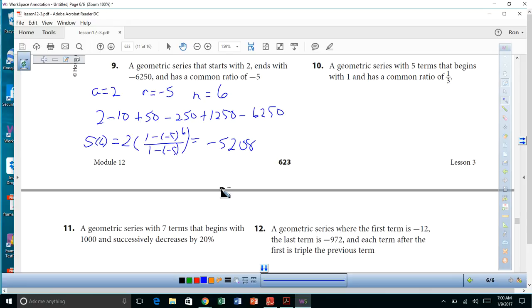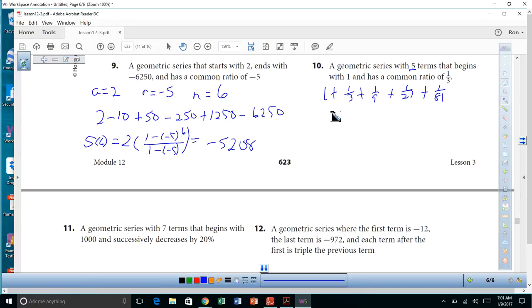All right. Number 10, a geometric series of 5 terms that begins with 1 and has a common ratio of 1/3. So 1 plus, and then 1 times 1/3 is 1/3, plus 1/3 times 1/3 is 1/9, plus 1 over 27, plus 1 over 81.